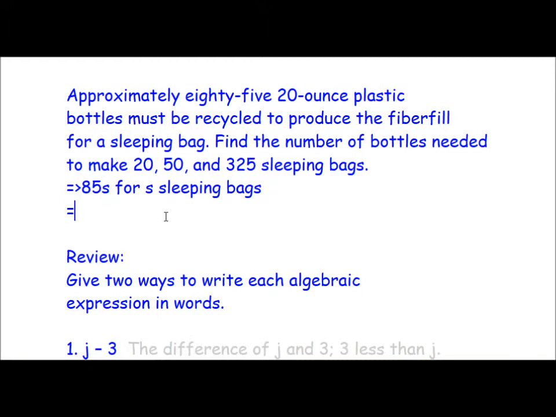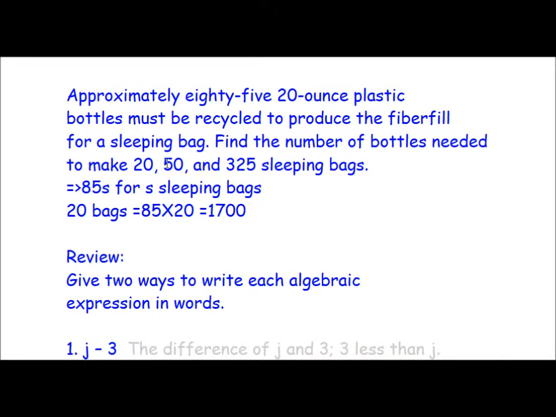So for making 20 bags, we just need to write 85 multiplied by 20. 2 5s are 10, 2 8s are 16, 17, so 1700.